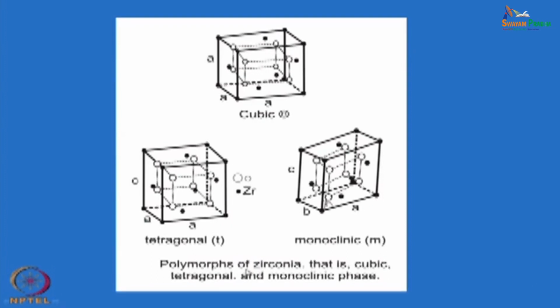So, these are the polymorphs of zirconia, cubic, tetragonal and monoclinic in descending order of temperature.